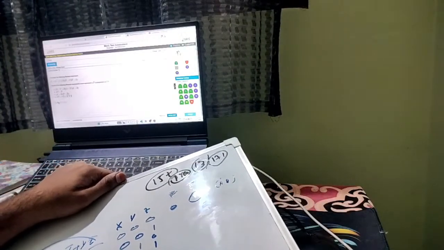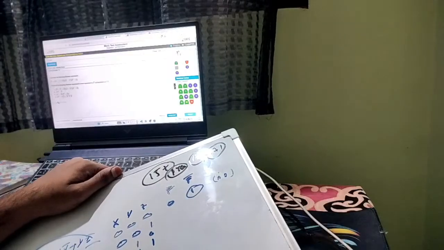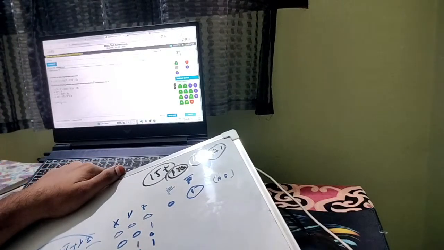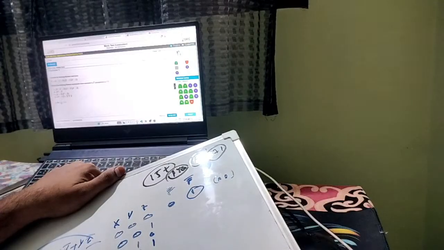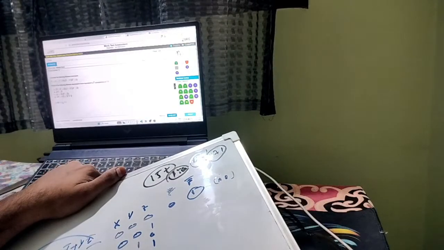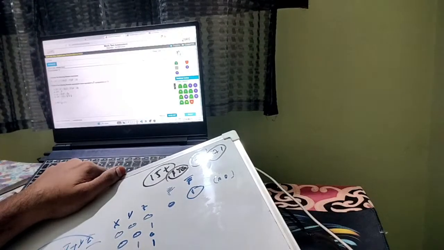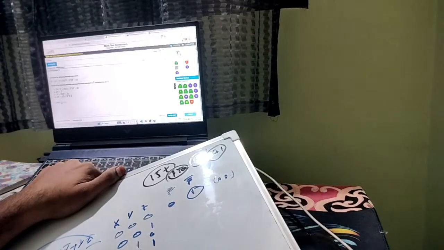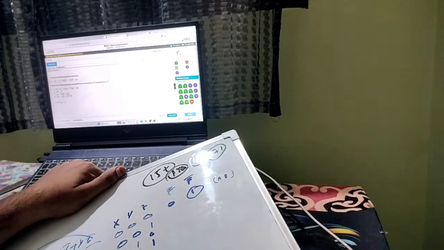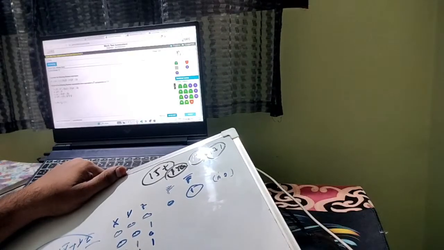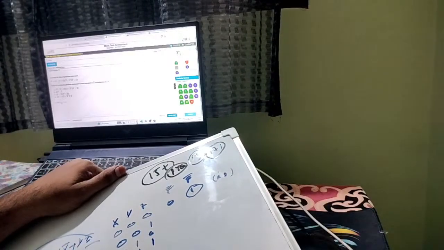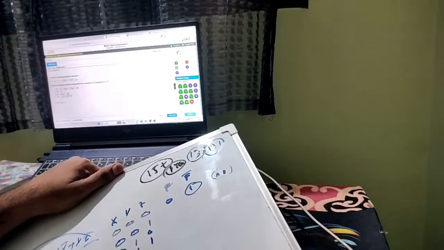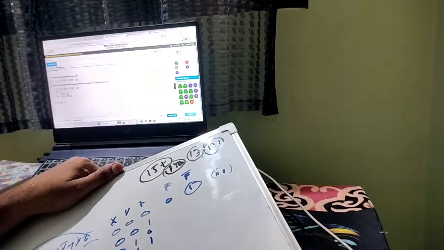What next and what can we get? What will this one come? Okay, it will be the answer. No. Z bar, x y bar plus y bar z bar plus z bar.